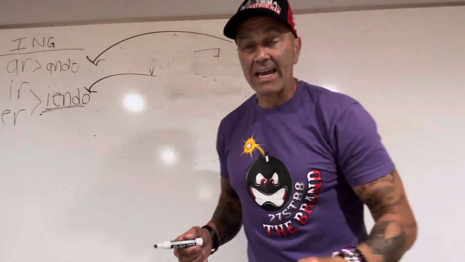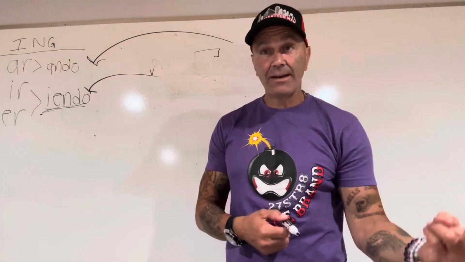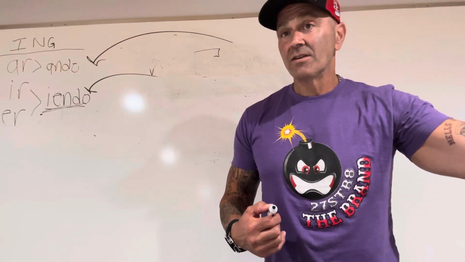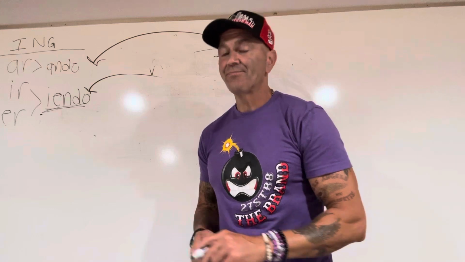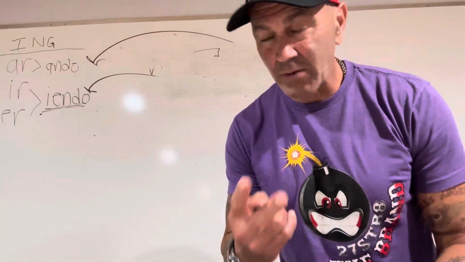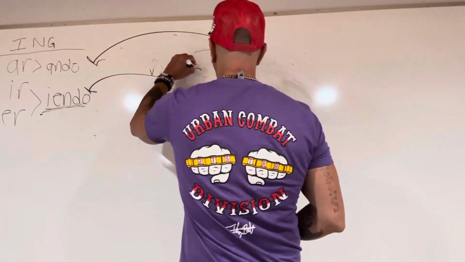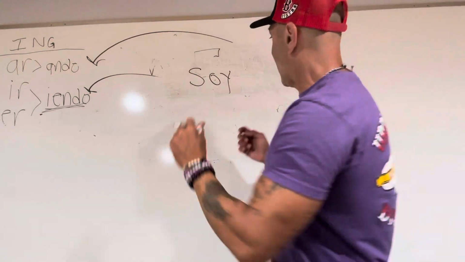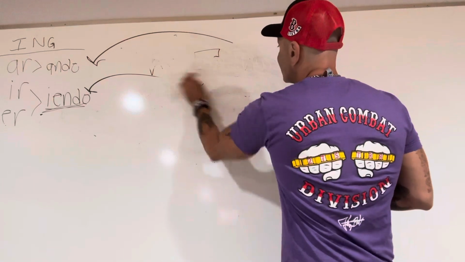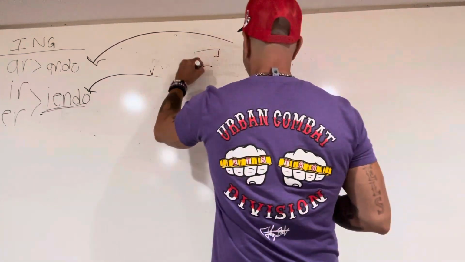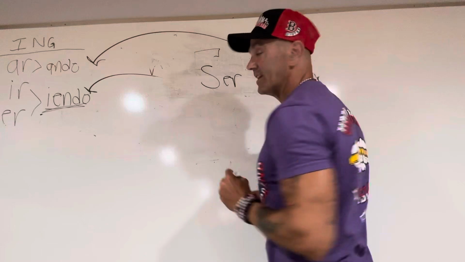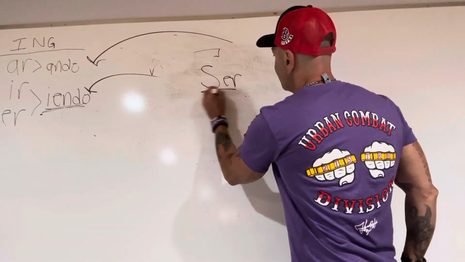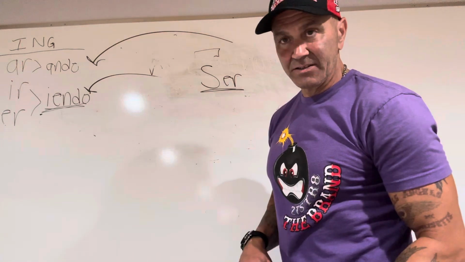In English, we just say, I am Johnny, I am tall, I am in New York, I am sick, I am well. Not like that in Spanish. There's two verbs to be in Spanish. One that indicates lasting qualities is ser. That's the infinitive. I just wrote soy. That's I am.